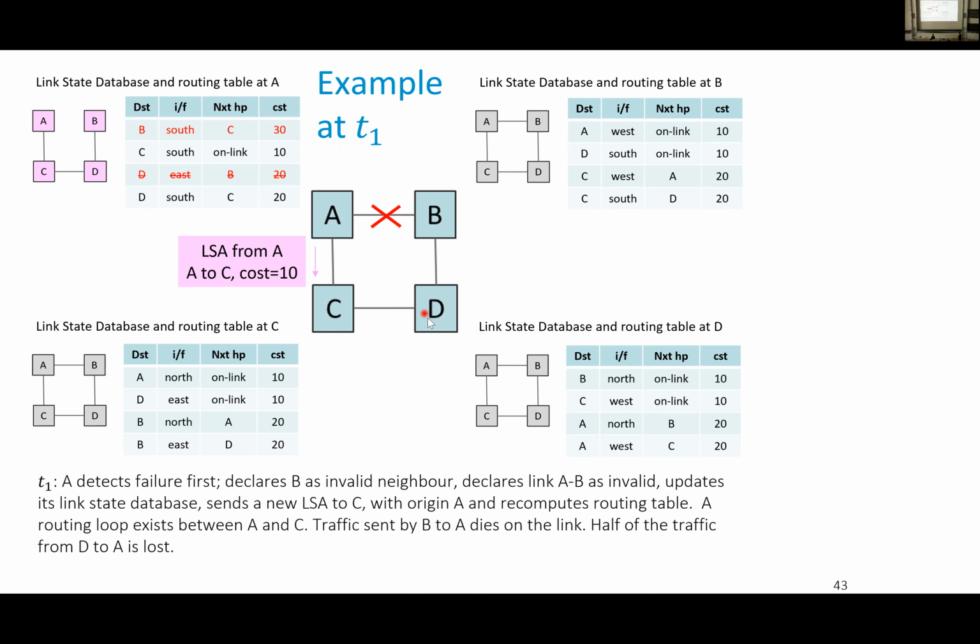So if here, for example, D has a packet to send to A, D might send some of the packets to A via C. And such packets, between A and C, if C sends a packet to B, for example, via A, because the routing table of C says one of the valid routes is A, because C does not yet know of the failure, this packet will be sent to A. But now A knows about the failure and sends the packet to B back to C. So we see here, there's a routing loop.